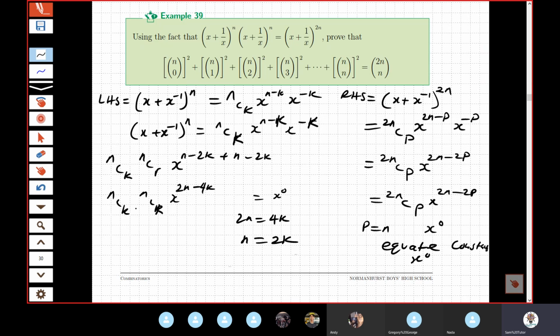Right, ready? So here we've got nCk, nCk. When k is 0, you're going to get n choose 0 times n choose 0, which is n choose 0 squared. Plus, when k is 1, you're actually going to get n, hold on.